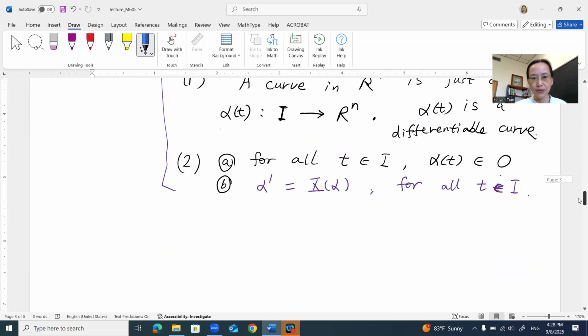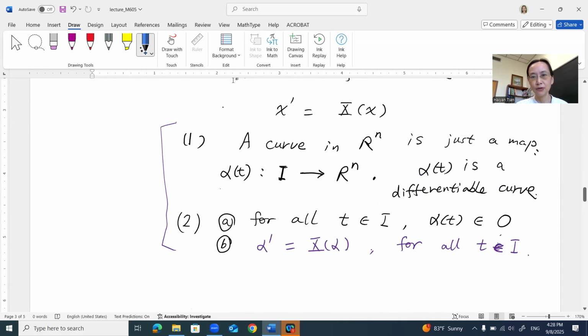So that is a quick review of what we mean by solution. A solution is a vector valued function of t, which we call alpha. Alpha at t, where t is from a certain interval, is a real valued vector.